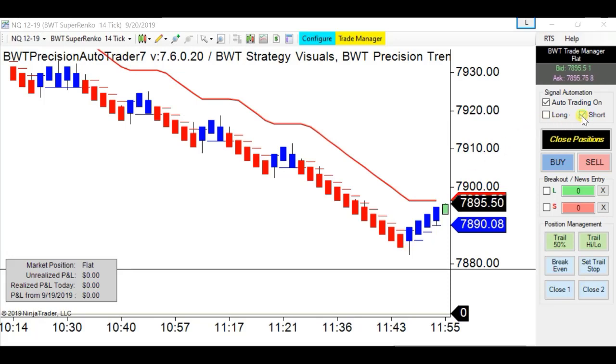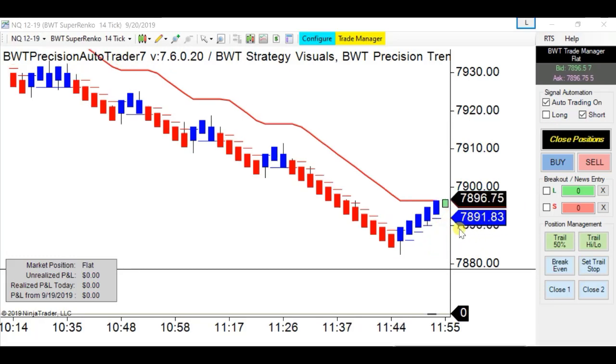So I am on shorts over here as long as price breaks the volatility stop before going over the step MA. So in other words, as long as the volatility stop is below the step MA, there will be a short trade.